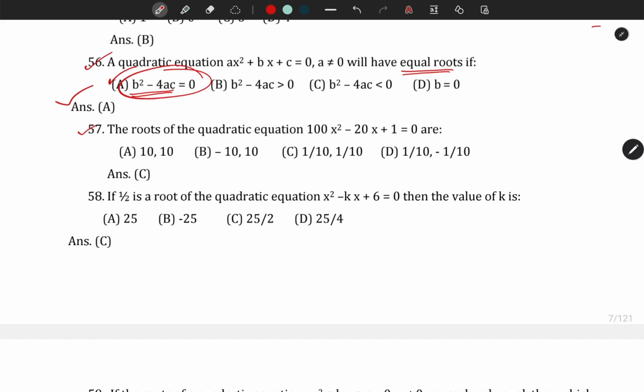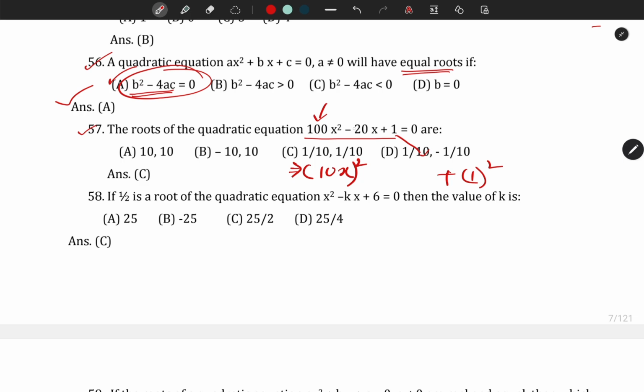Next question. The roots of the quadratic equations are... to calculate the roots of the equations, we'll factorize the left hand side. We can factorize either by splitting the middle term, or since here it's in this form, a square is 10x whole square, and 1 can be written as 1 square.